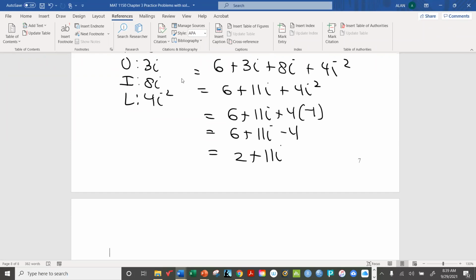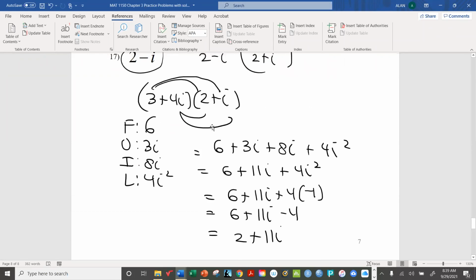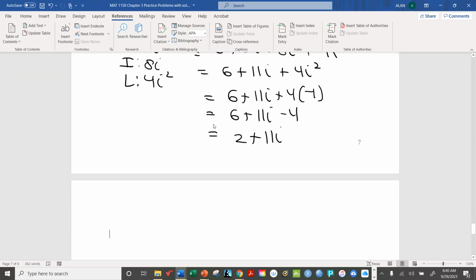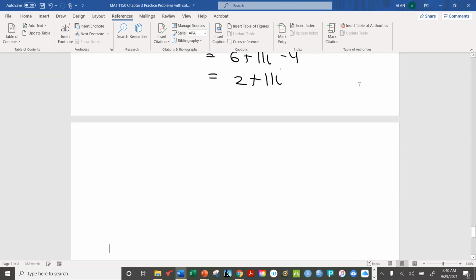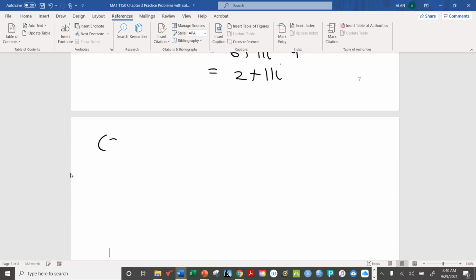Let's try the denominator, which is 2 minus i, 2 plus i. Okay, so we're going to start with F. Hold on 1 second. Oh, wait a minute.